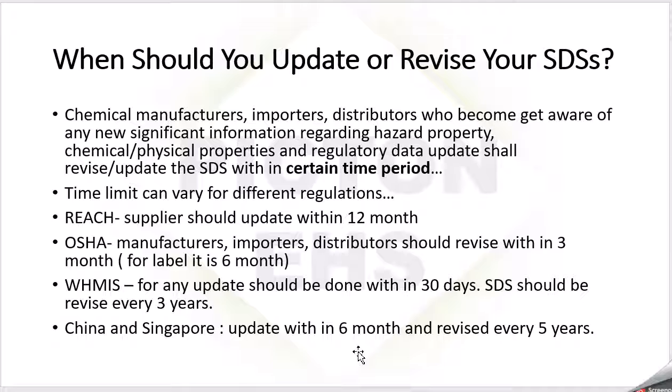The time limit can vary in different regulations. Like under the REACH regulation, the supplier should update within 12 months. In OSHA regulations, the manufacturer, importer or distributor should revise within 3 months after getting the update.